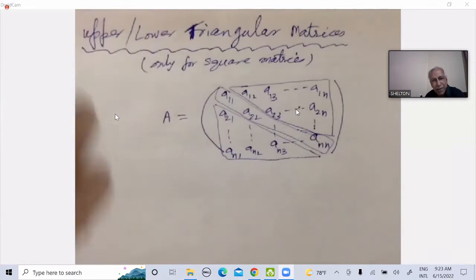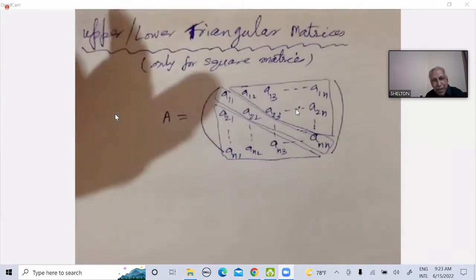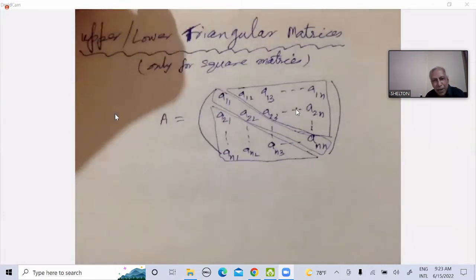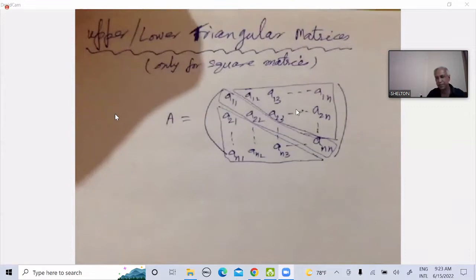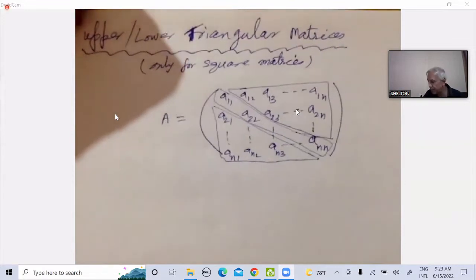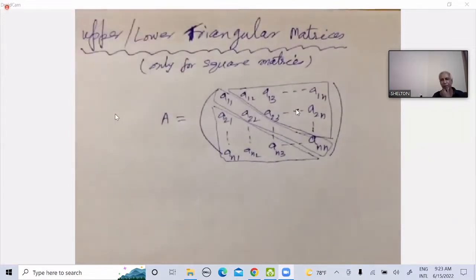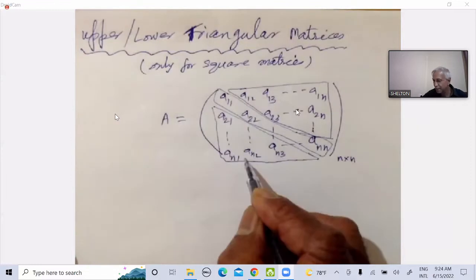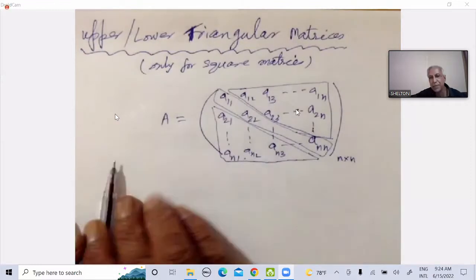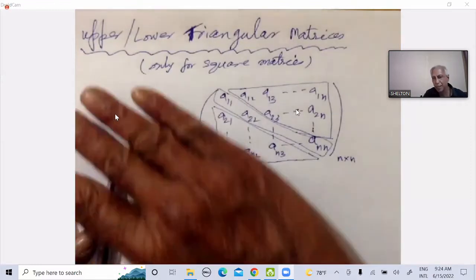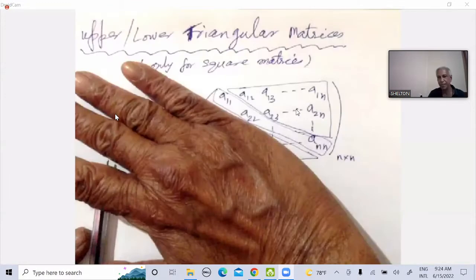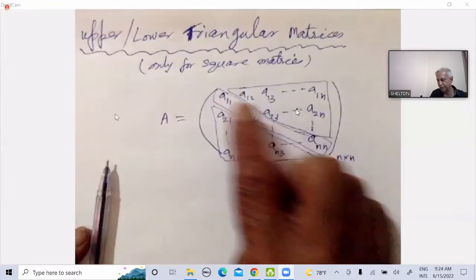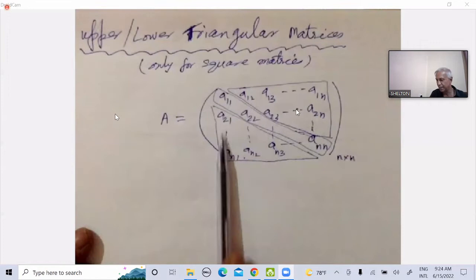So upper triangular, lower triangular matrices are only for square matrices again. So this is an n by n square matrix. If the entries in the lower triangle are all zero, we say the matrix is upper triangular. So the upper triangle and the diagonal hold the entries.